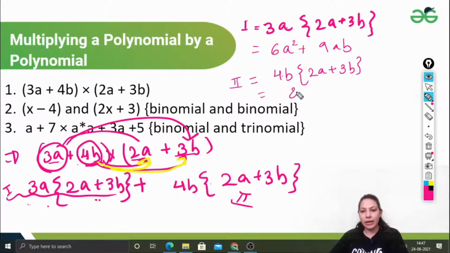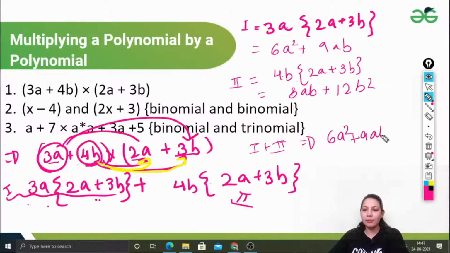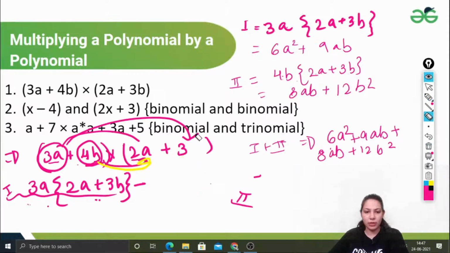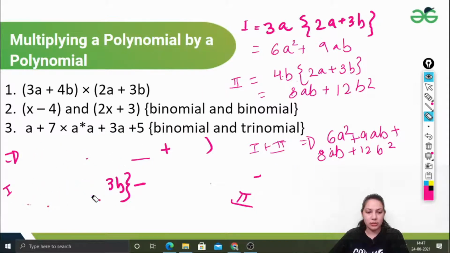Then 4 2s are 8, a into b is ab, plus 4 3s are 12, b into b is b square. Now let us merge the first and second parts, first part plus second part. So it will be 6a square plus 9ab plus 8ab plus 12b square.